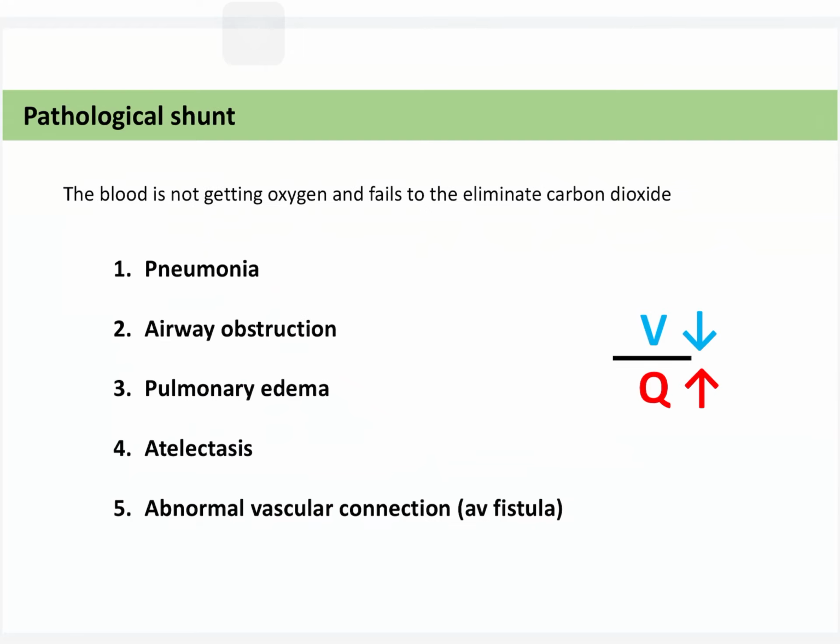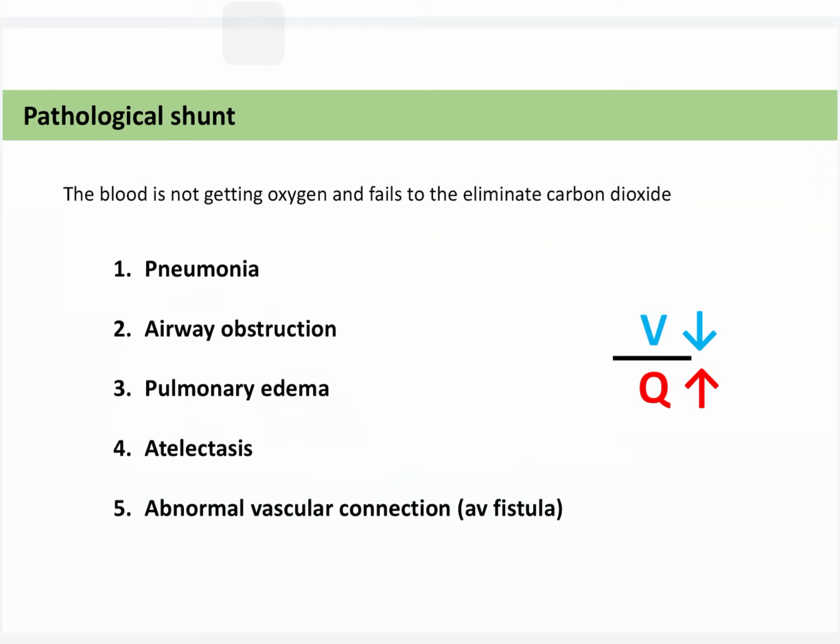So let's look at the pathological shunt. Pathological shunt means there is a decrease in ventilation or an abnormal increase in perfusion. This may be caused by any kind of problem that can block our airway, maybe pneumonia with consolidation, airway obstruction by a candy, or pulmonary edema, which is caused by congestive heart failure, usually of the left heart.